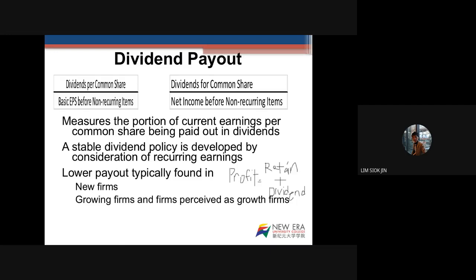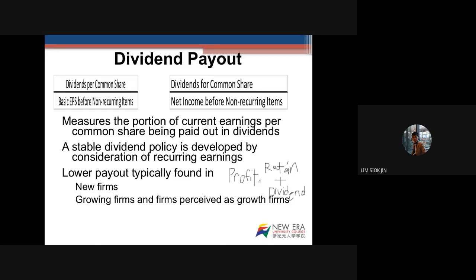So the amount of dividend payout is based on the amount of dividend divided by net income. Very straightforward. So like what you see just now, percentage of earnings retained is 95%. Let's say 95%. So the remaining 5% is what?